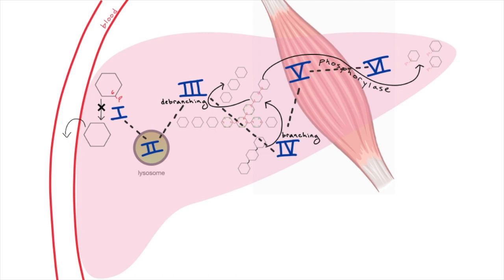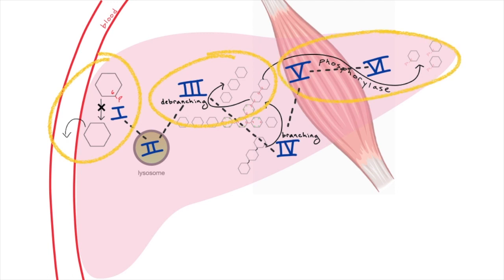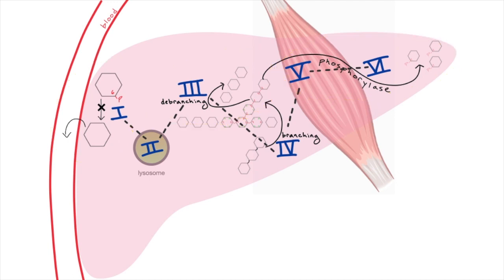Notice that the odd-numbered types, 1, 3, 5, and 6, pertain to those 3 key enzymes we noted in the beginning of this review as being essential to glycogen breakdown, and work backwards along the chain of events from the freeing of glucose with glucose 6-phosphatase, to the removal of limit dextrin with debranching enzyme, to the cleaving of alpha-1,6 bonds in myocytes and hepatocytes with phosphorylase. If you can remember the names of the enzymes that work on each of these steps, you can remember the associated GSD type.